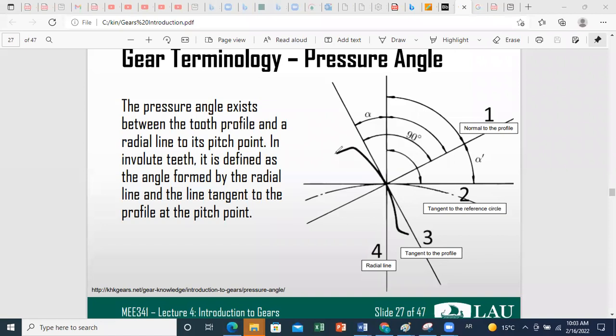So if I consider the following involute teeth, then we have seen together that I can have at any instant at least a point of contact on the pitch circle. And from this contact point, I can determine the pitch radius, the circular pitch radius.